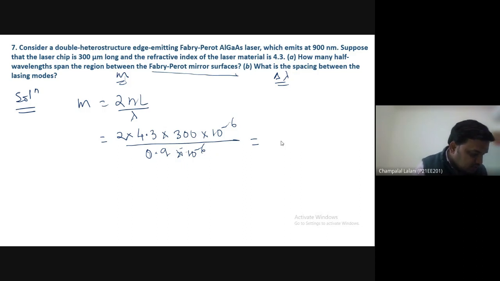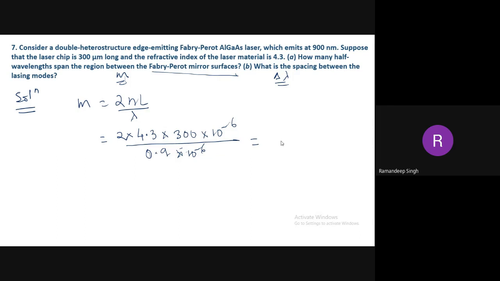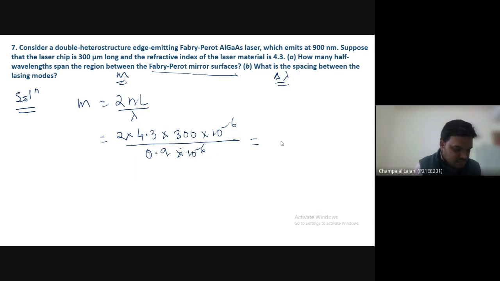This answer was given by Ramandeep. Yeah, correct answer. Good. So you will get somewhere around 2866 as the number of modes. Next, delta lambda.